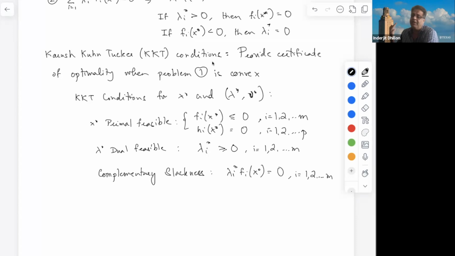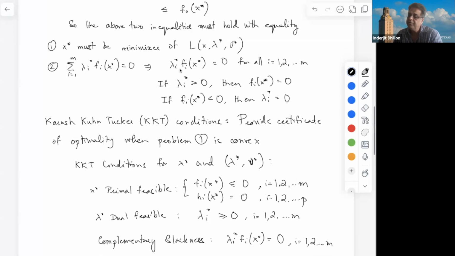So if you give me x star, lambda star, nu star like this, then this is a certificate that x star is primal optimal, and lambda star, nu star are dual optimal. And we've seen that this condition has two consequences that we saw above.